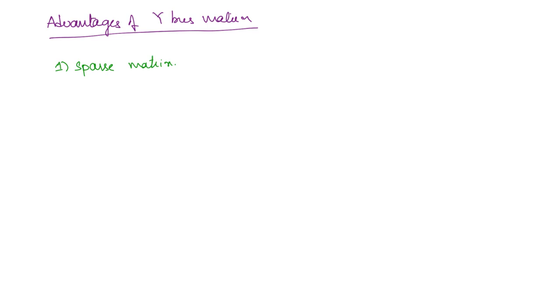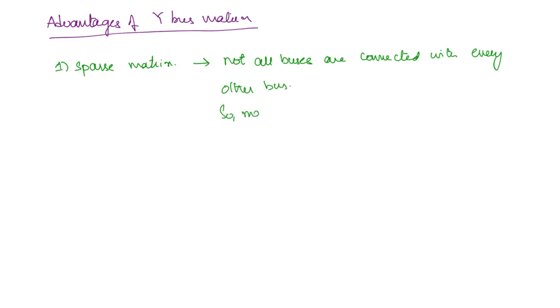Okay, and if there is no transmission line connecting two buses, then that particular element is going to become simply 0. So this is because not all buses are connected with every other bus. So the majority of elements of the admittance matrix are 0.